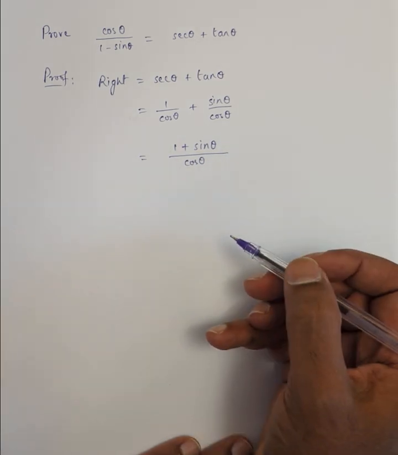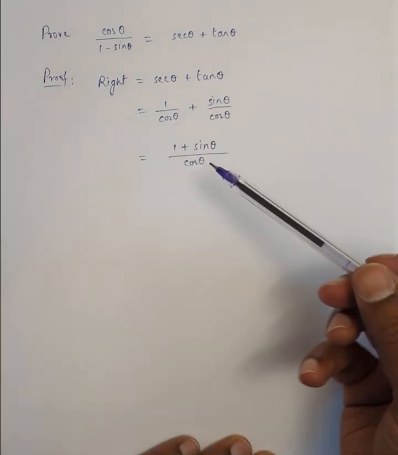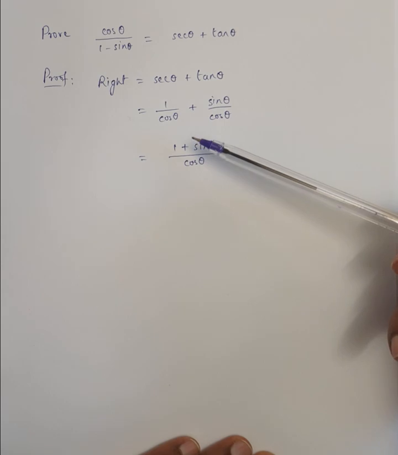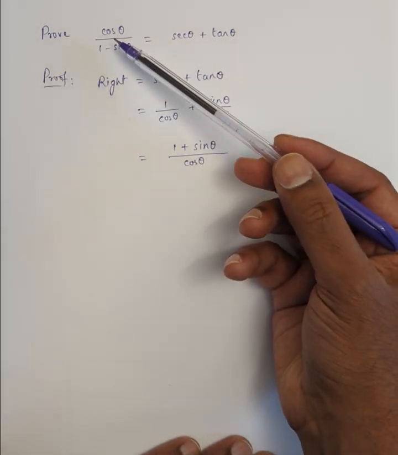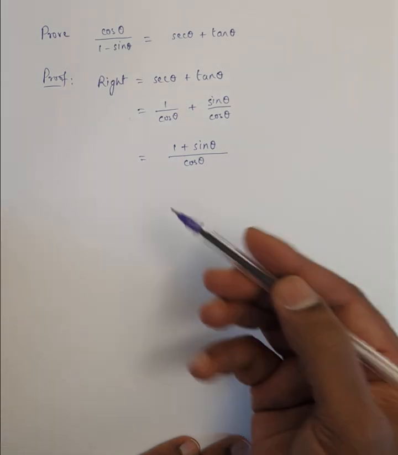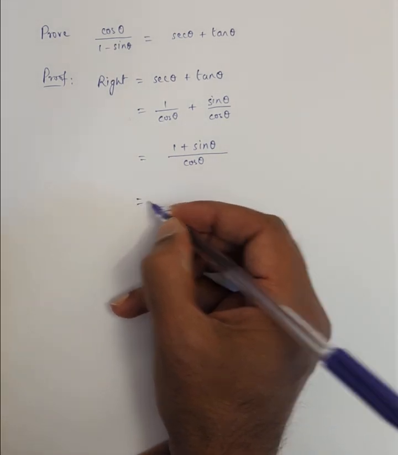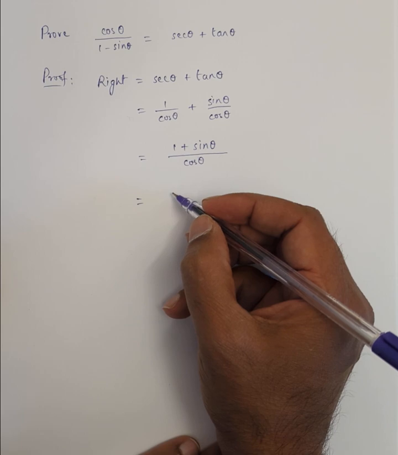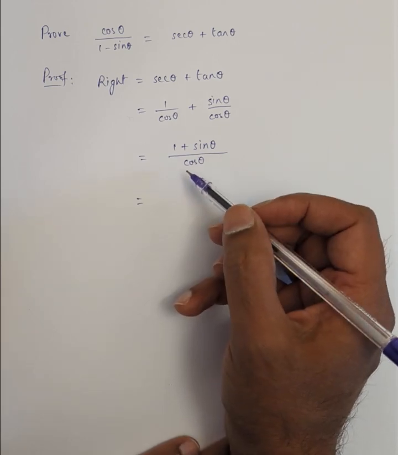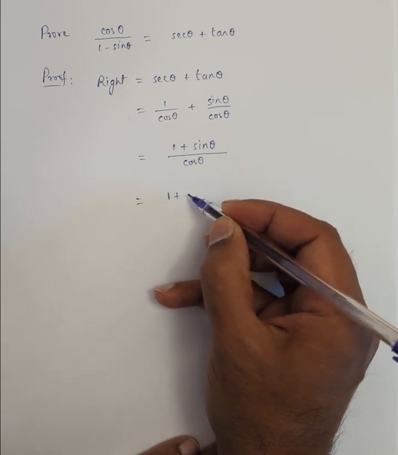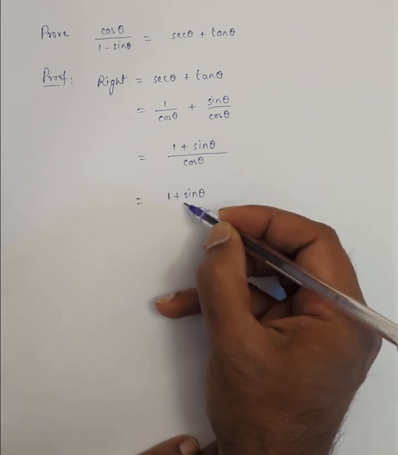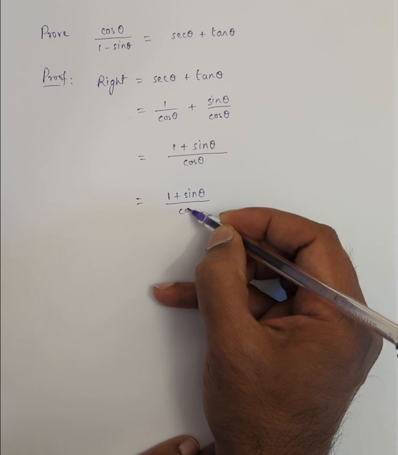Now, is that what I have on the left? Actually, no. So from here, I need to arrive here. So it looks like I need a 1 minus sine theta in the denominator. So I have 1 plus sine theta over cos theta.